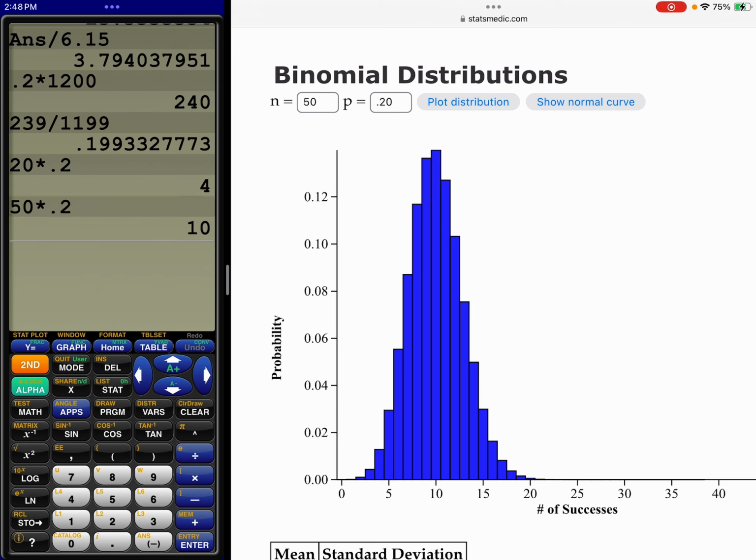I've gotten to the point where I would expect to have 10 successes. And then I would also expect to have at least 10 Skittles that are not green. 10 and 40 makes my 50. So this is the minimum sample size required to be considered approximately normal.